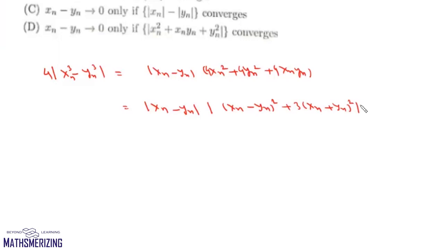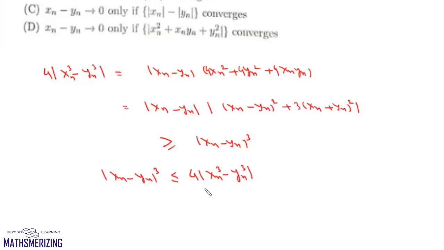Now it will always be greater than or equal to (x_n minus y_n) whole cube. So we can write (x_n minus y_n) cube will be less than or equal to 4 times (x_n cube minus y_n cube).